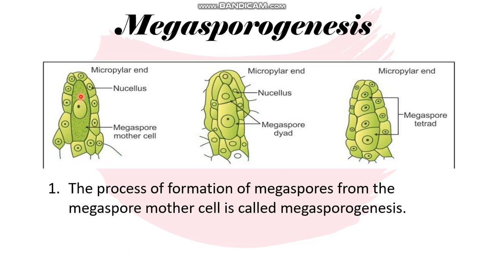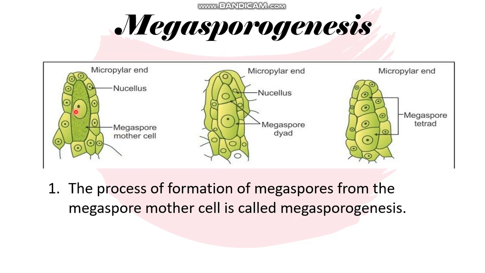You have to draw exactly the same type of diagram. Here you can see these are the cells of nucellus. This is the micropyle end, where a small opening is present. Towards the micropyle end, in the nucellus there are many cells present. Only one cell acts as megaspore mother cell.